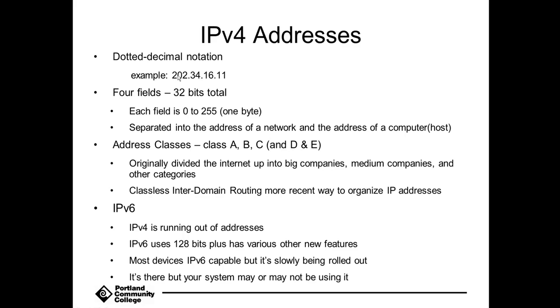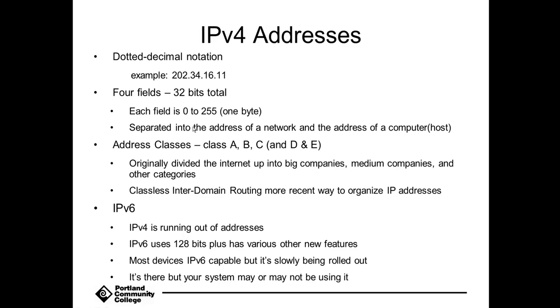So this is an address, a decimal dot decimal dot decimal, and each of these fields, there's no hex here, each of these fields is a binary byte that can have a value from 0 to 255, and there's 4 numbers in there.